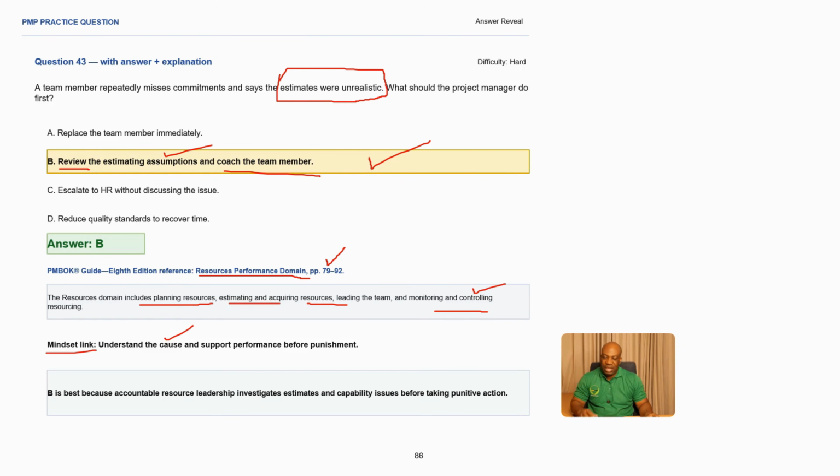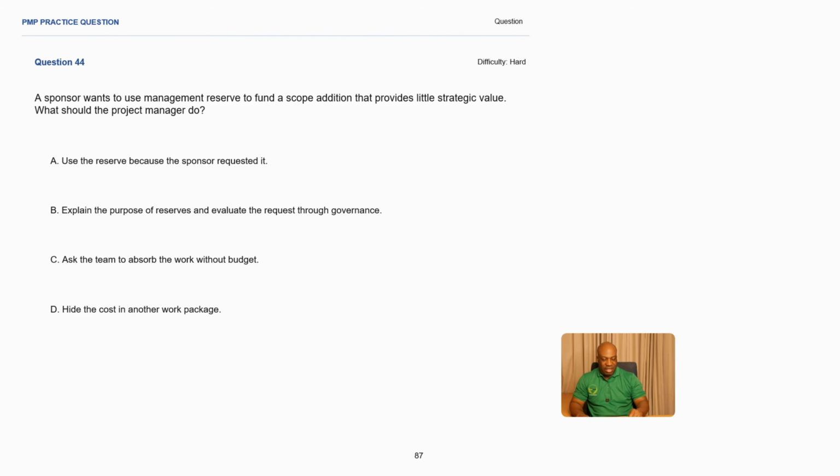Review the estimation and support performance before punishment. You don't just start by escalating to HR or even to the project sponsor. So the best answer here is B, because accountable resource leadership investigates estimates and capability issues before taking any punitive action.